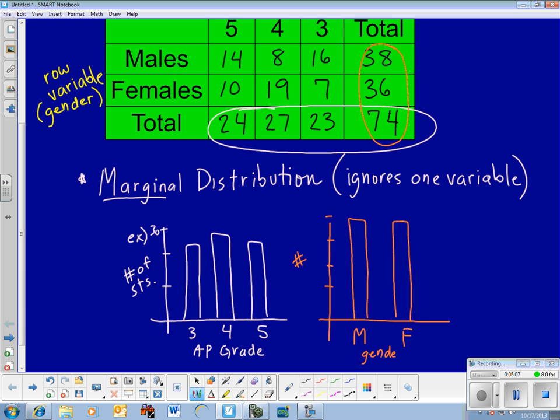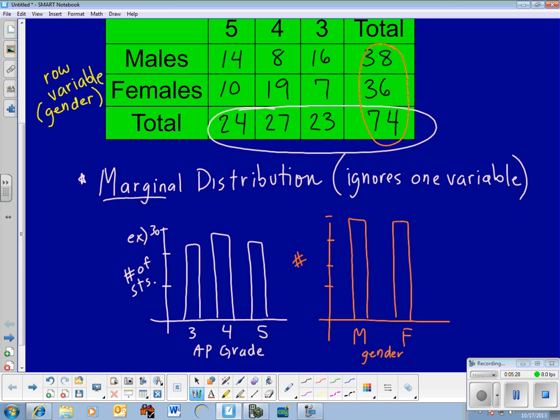If you're just curious about how do KP stats classes break down male versus female, then you can tell from this table they're pretty close. This is obviously just a very simple example that I've made up, but you get the idea. Marginal distributions are found in the margins, and they only pay attention to one variable at a time.